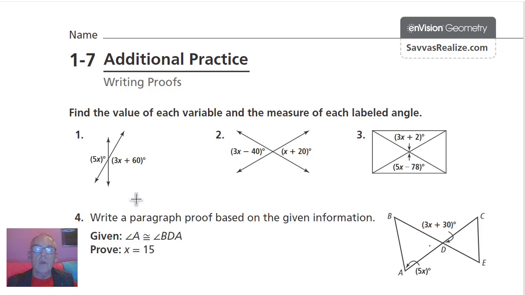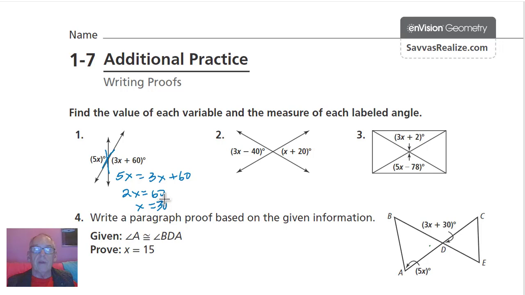So if we look at number one, we've got these two vertical angles. They're on opposite sides of the x. So the measure of 5x has to be equal to the measure of 3x plus 60. Take away 3x from both sides. 2x is 60. Divide by 2, x is going to be 30.